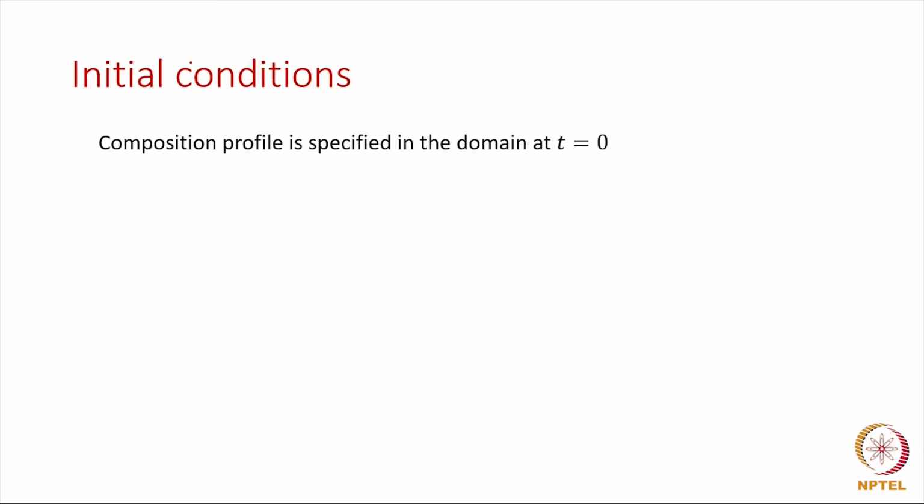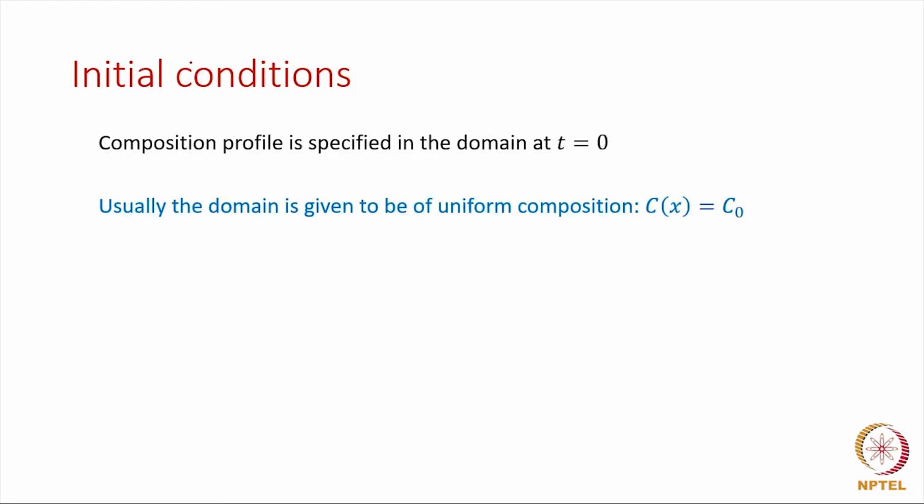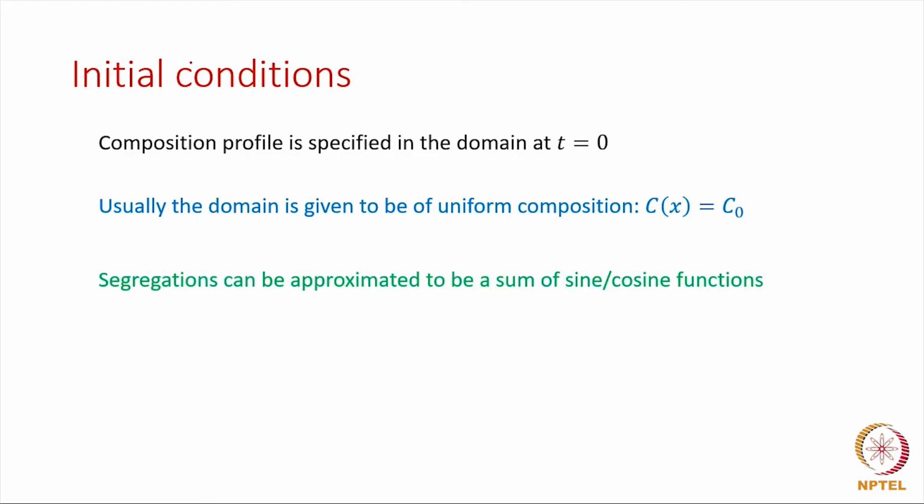The initial conditions are important for us to solve the problems, and very often the composition profile in the domain is specified at time equal to 0, and that's the initial condition. Usually it's a constant composition that will be given, so the entire domain is at a particular value of the composition or concentration of a species. And sometimes the initial condition is actually a segregated domain.